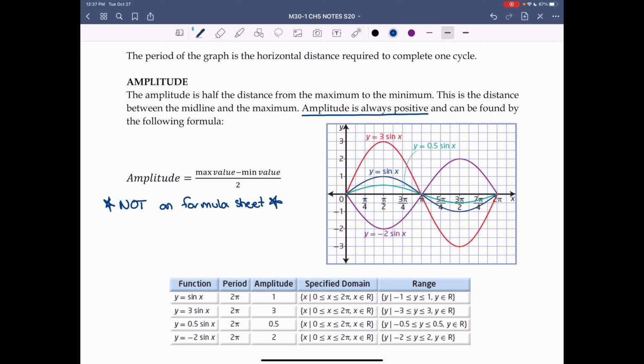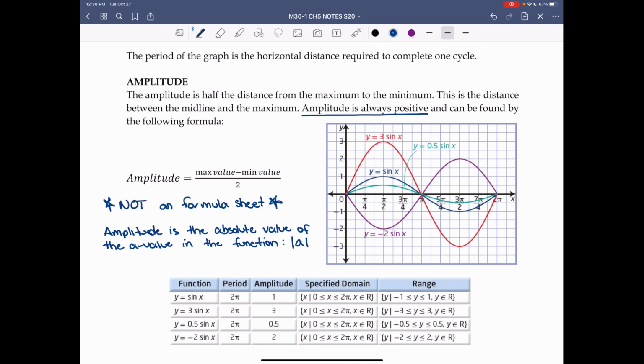If we have the equation of the function, we can also get the amplitude, because amplitude is the absolute value of the a value in the function. So absolute value of a.